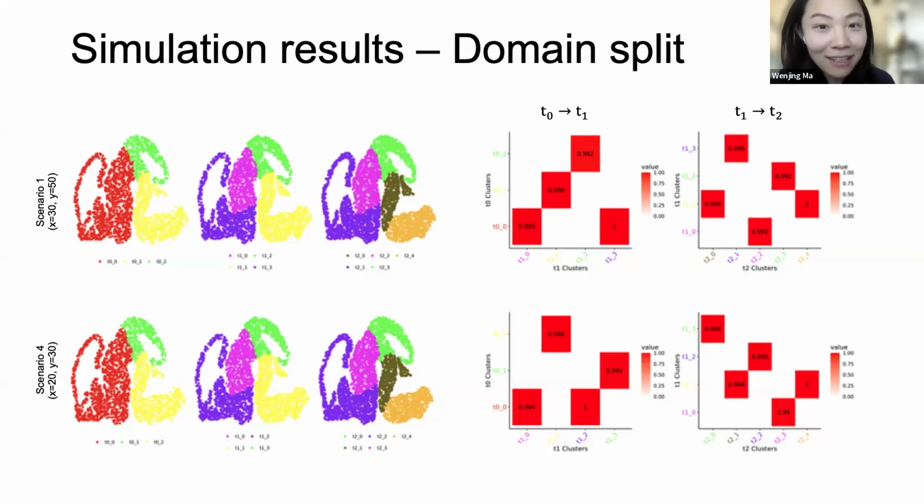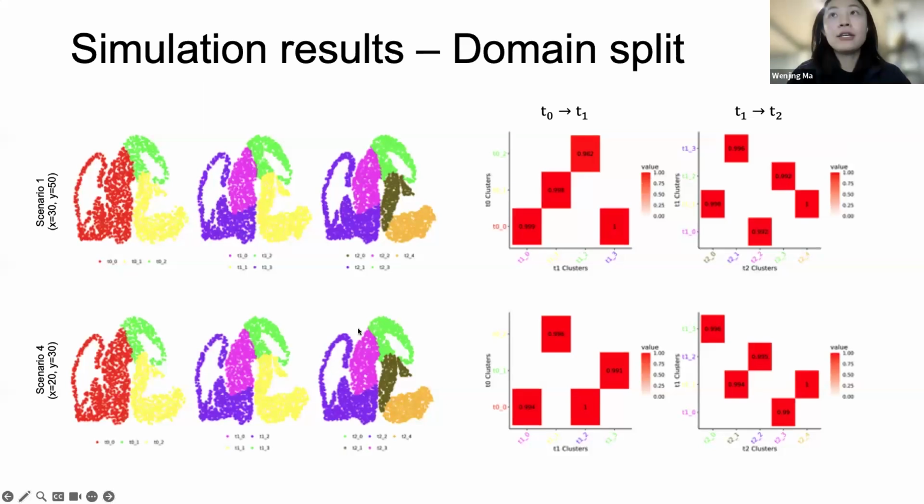Is that clear? Yeah, I know it's a little bit confusing, because during the training I'm using the OT loss at a cluster level, but in the downstream analysis after the training, I'm also using optimal transport to obtain this transition matrix, but it's at the cell level and we can define different numbers of clusters.